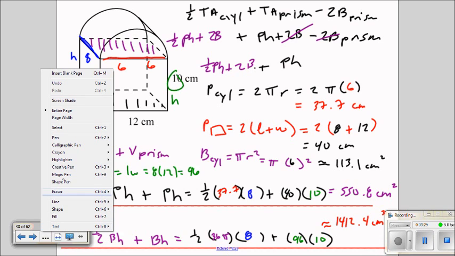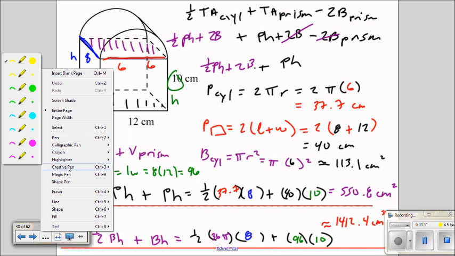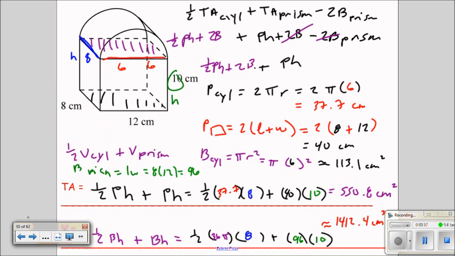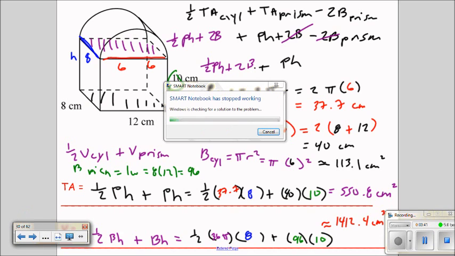So let's erase this formula down below so that we can have everything we need. Goodness gracious.